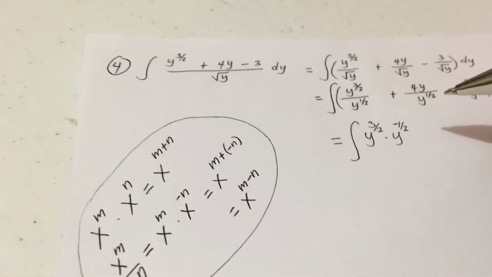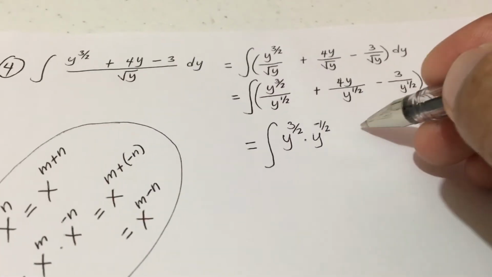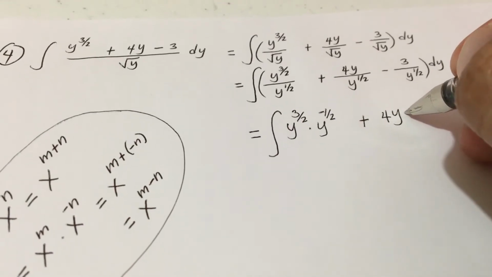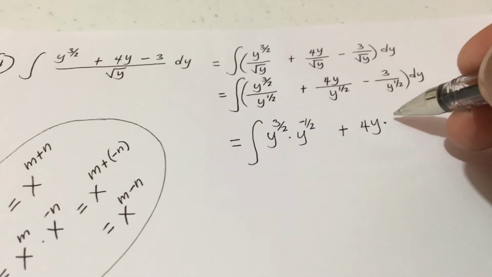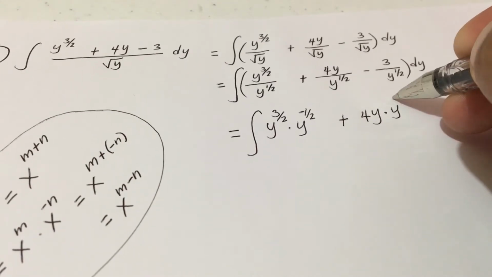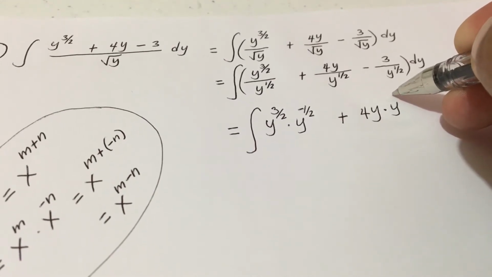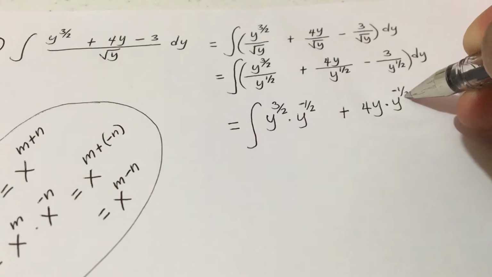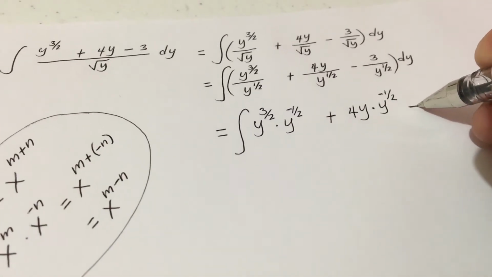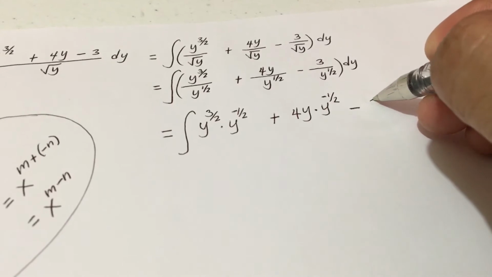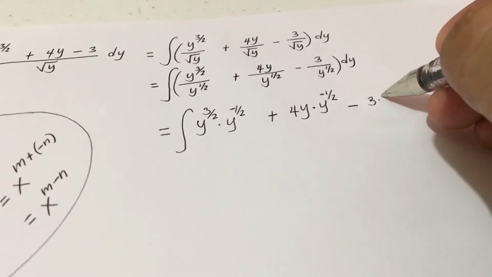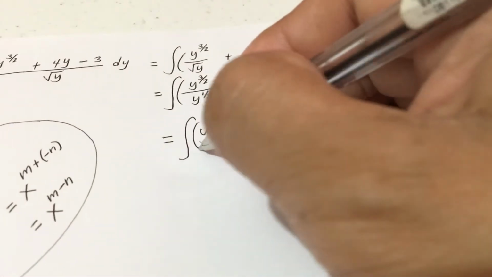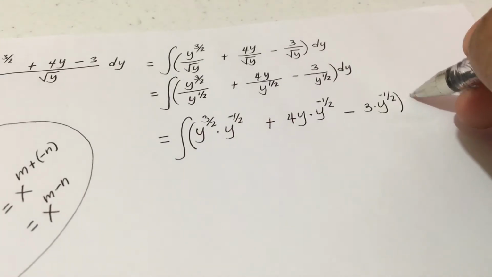We change the sign of the exponent. Then plus 4 times y multiplied by, again bringing up this denominator and changing the sign of the exponent of the denominator, so this becomes negative 1/2. Then minus 3 times y to the negative 1/2. Then again, all this multiplied by dy.